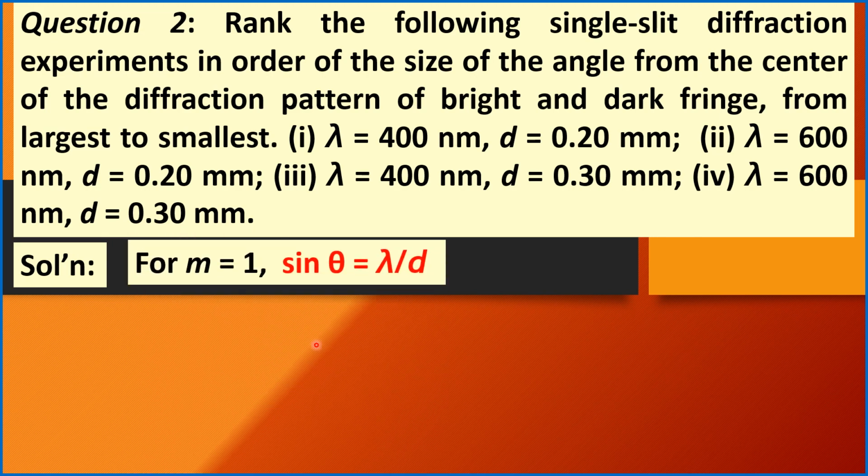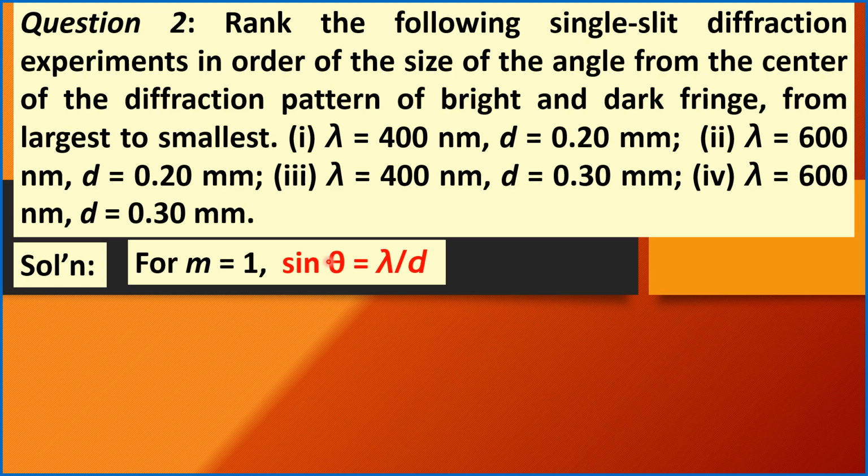Our solution to this question is to use the relationship between the sine of the angle theta, the wavelength lambda, and the slit width d. We have this equation: sine theta is equal to lambda over d. Lambda, of course, is the wavelength of the given wave.